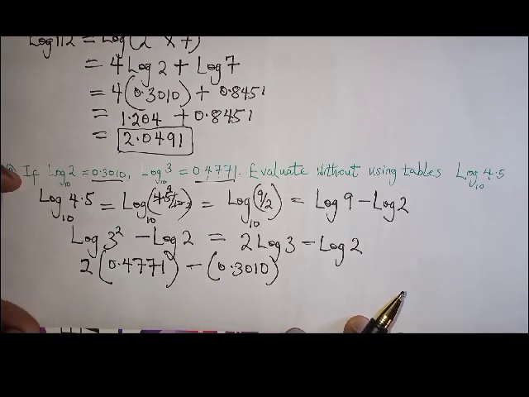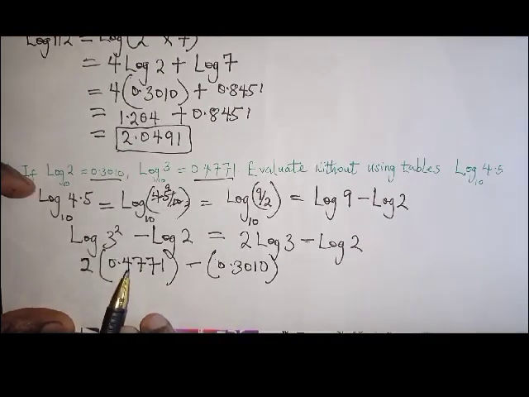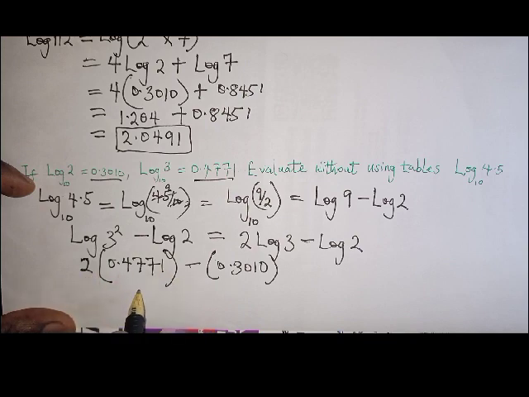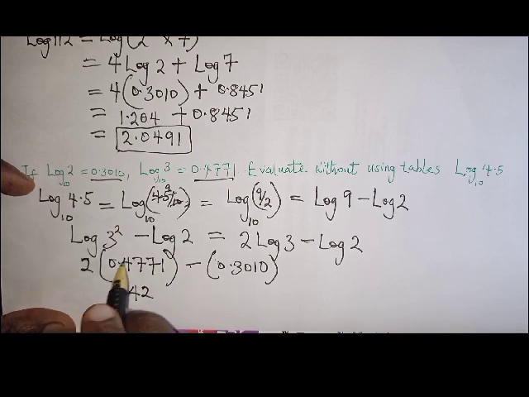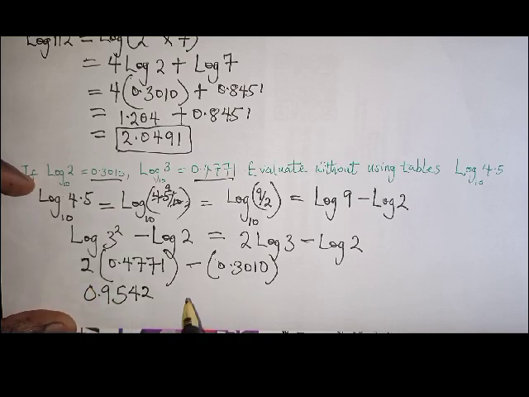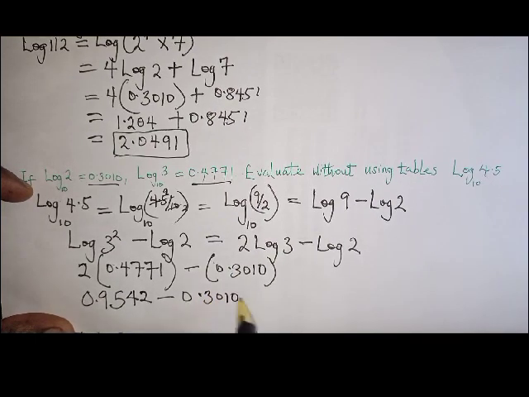So what is that going to give me? When I multiply, 2 times 0.4771 is going to give me 0.9542, minus 0.3010.